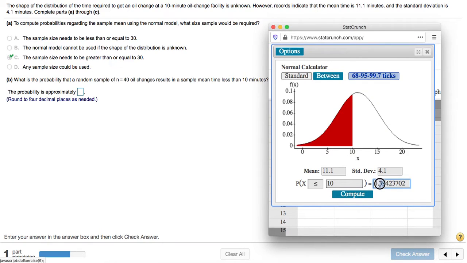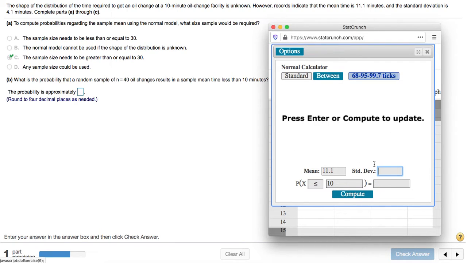Okay, it looks like the answer would be approximately 39%, but this would be for a sample size of 1. The probability that one person has an oil change that's less than 10 minutes would be about 39%. And this is saying, well, what if you had 40? What we're going to do is adjust the standard deviation.